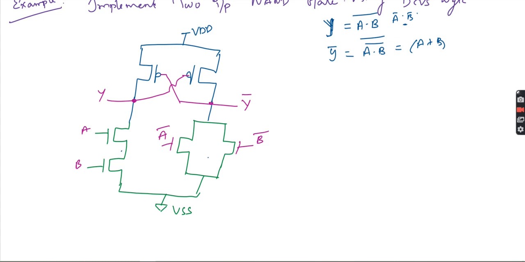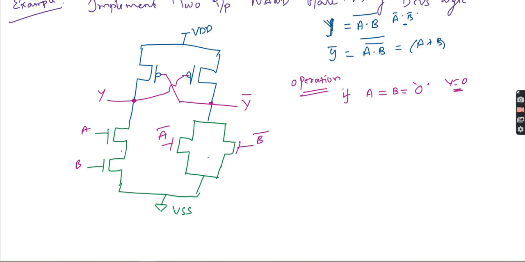Now let us consider the operation. How can we perform the operation? If A equal to B equal to 0, what will happen? You won't get any output because with A 0 and B 0, both transistors will be in the open switch state. We won't get anything, so the output also will be 0.